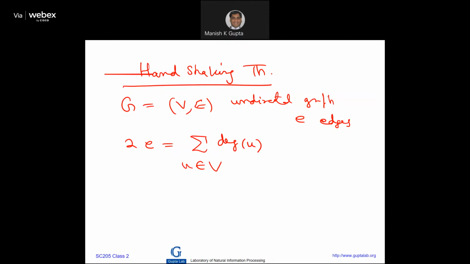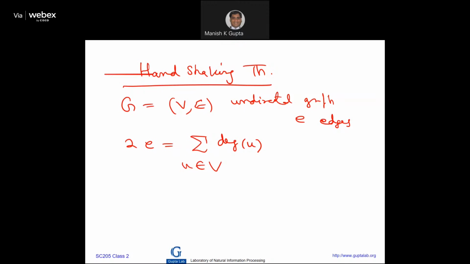So suppose the graph is undirected and there are a total of e edges, right? 1, 2, 3, you can count how many edges are there. Then 2e equals the sum of the degrees: if you compute the degree for each vertex and sum it over all vertices, you get 2 times the number of edges.